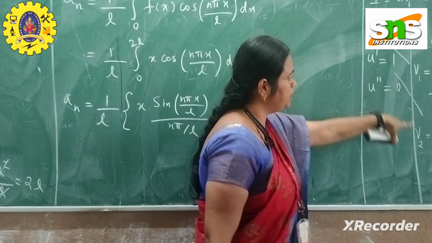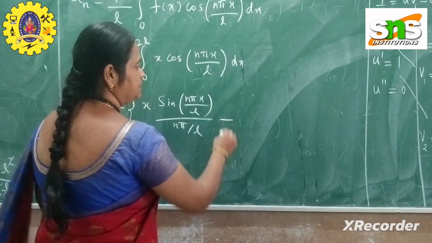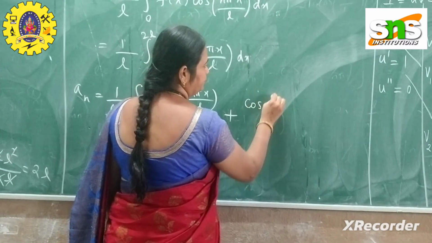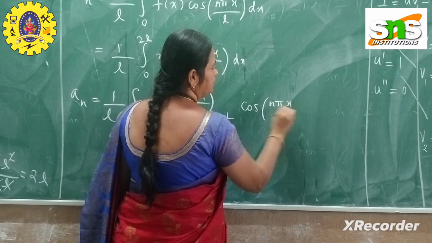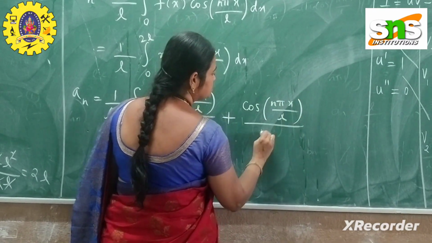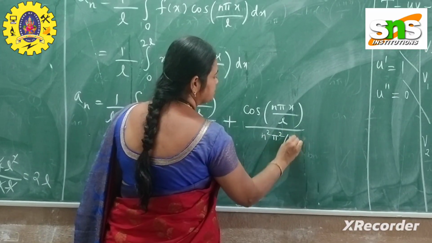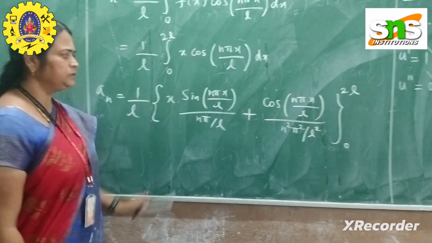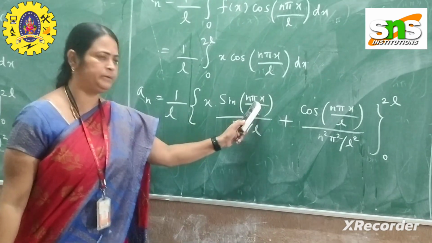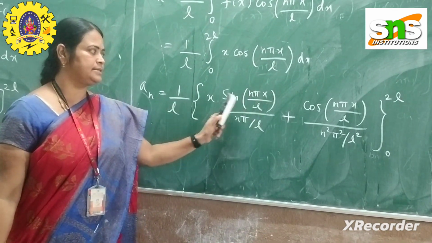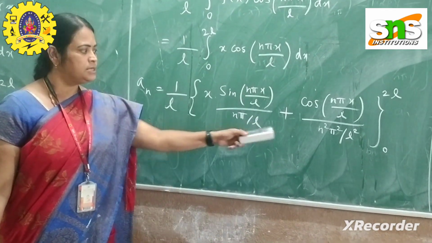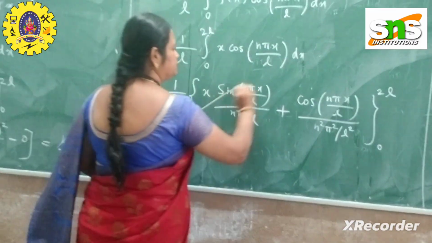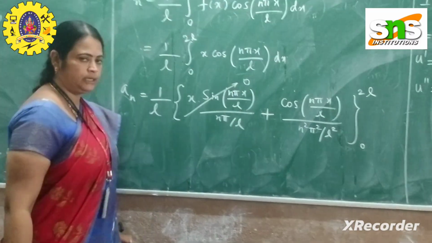So u dash is 1 and v2 has a minus sign, so minus into minus becomes plus cos of n pi x by L divided by n square pi square by L square, and the limit is 0 to 2L. For the sine term, when you apply the upper limit 2L, L and L get cancelled and sine 2n pi is 0. Similarly when you apply the lower limit it also becomes 0. So the sine term gets cancelled for both limits.